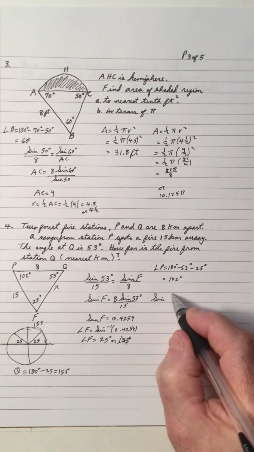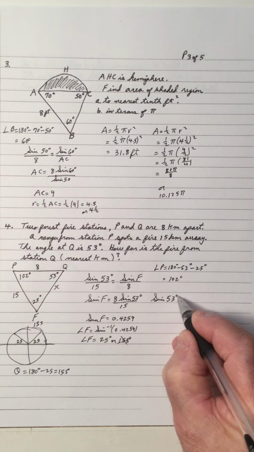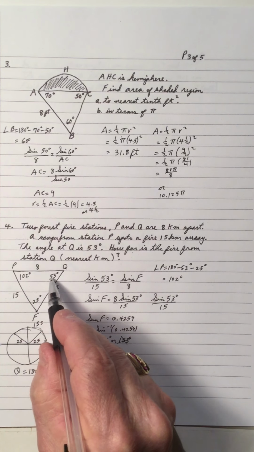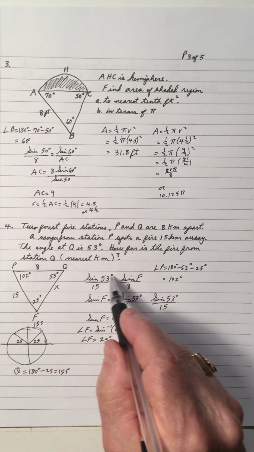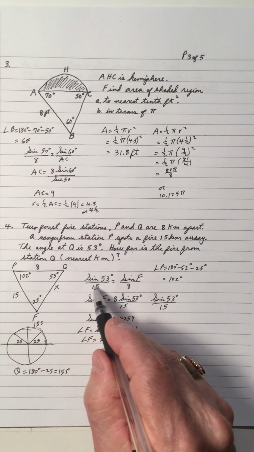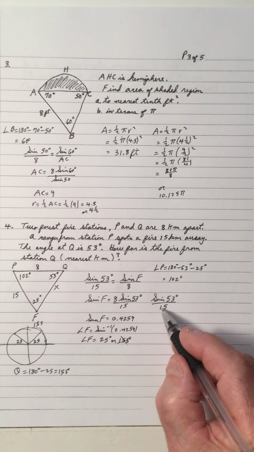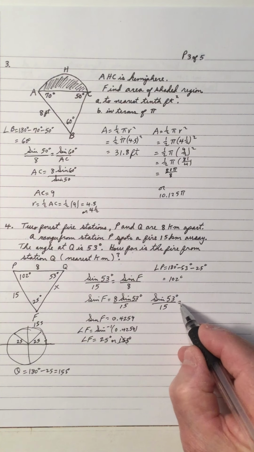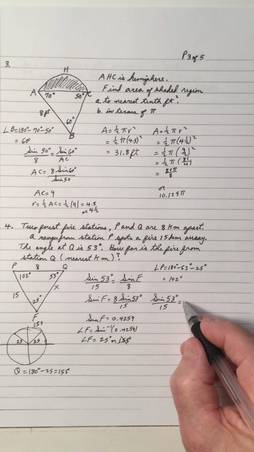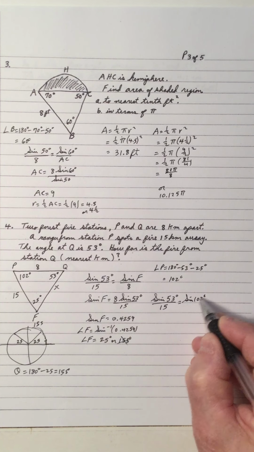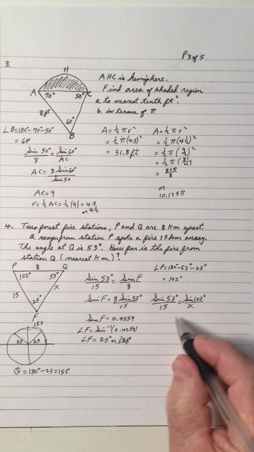So the sine of 53 over 15. Notice we know this angle and this side, so in this sine law I use this one because that's the given information. So this is the sine of 102 over x.